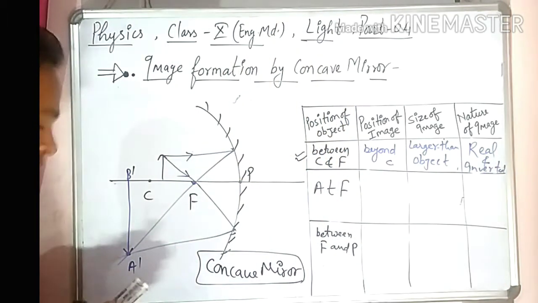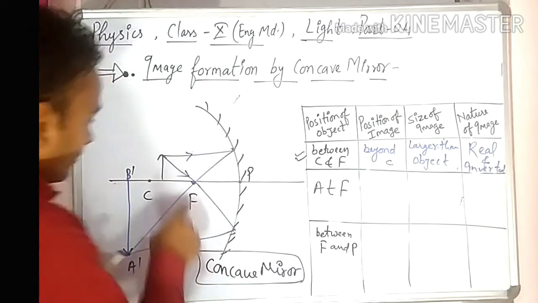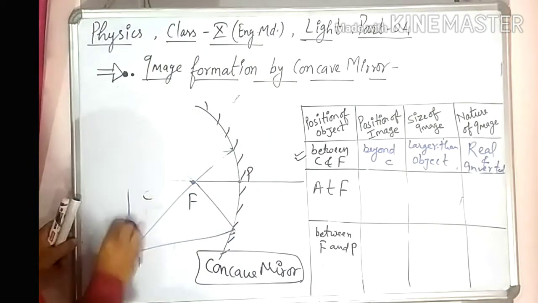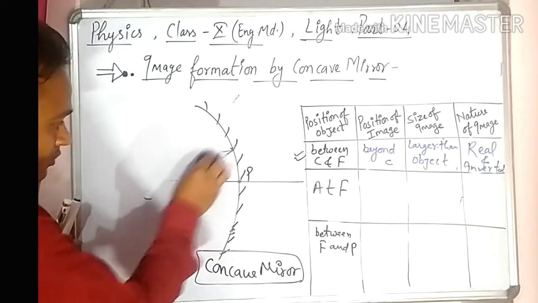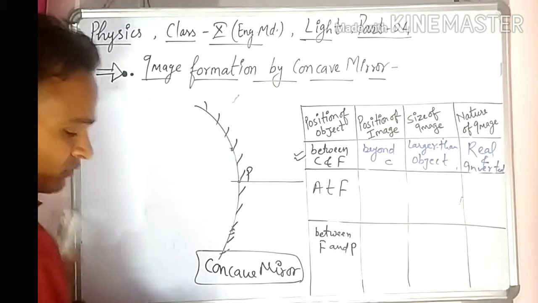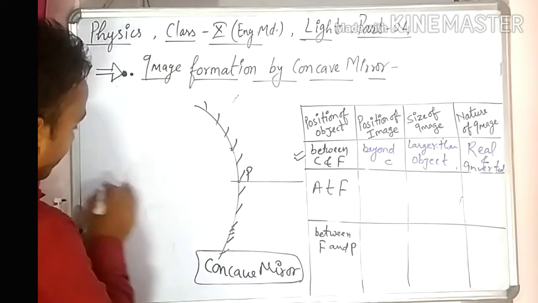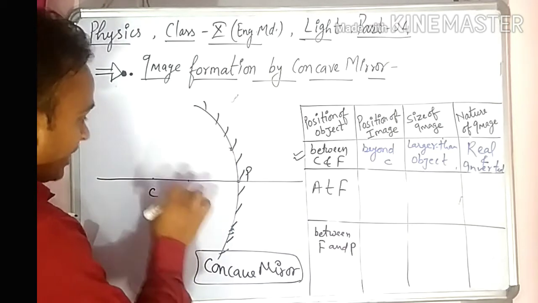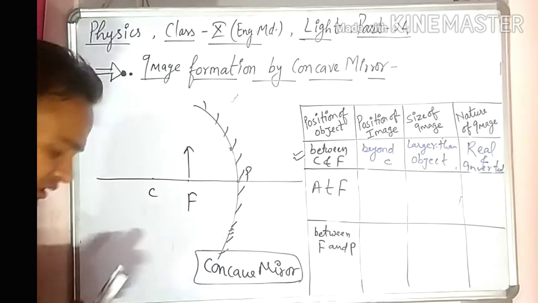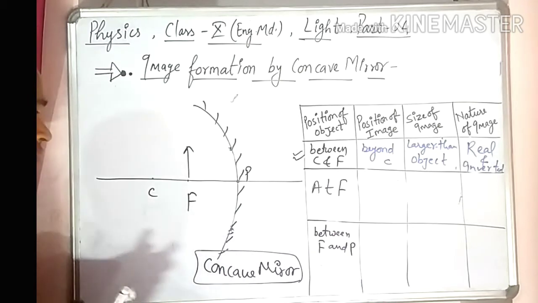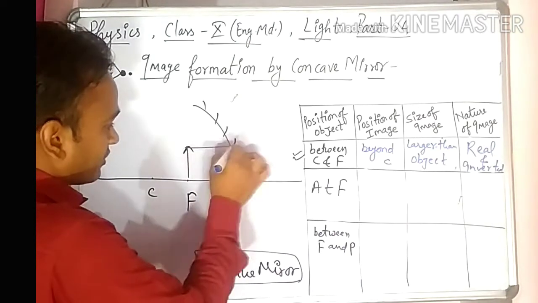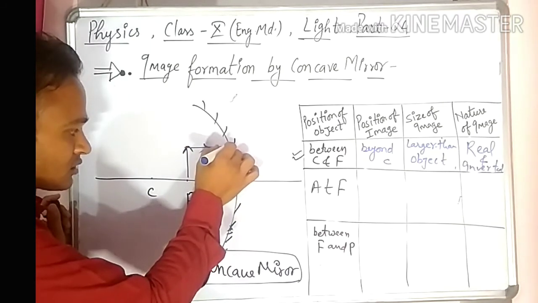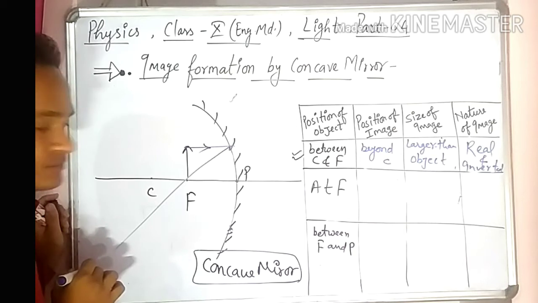Next case, when the object is at F, that means we have to put the object at the focus. Draw each and every diagram two or three times, after that you can get the image formation. Now the object is at F. First, a ray of light parallel to the principal axis will pass through the focus.